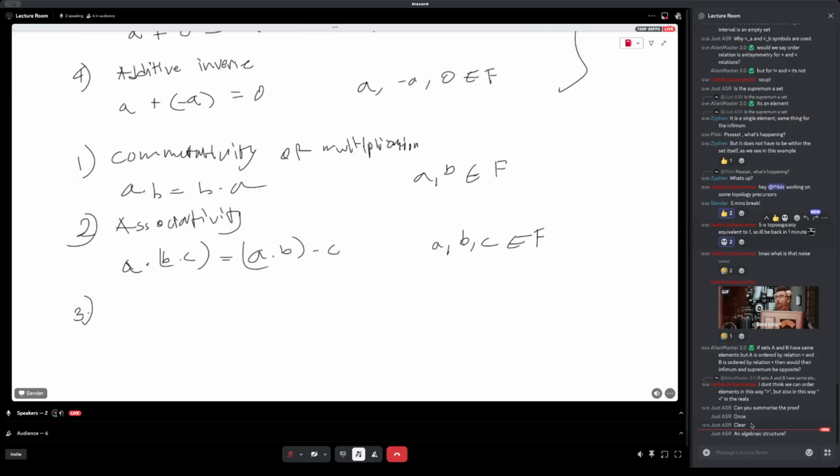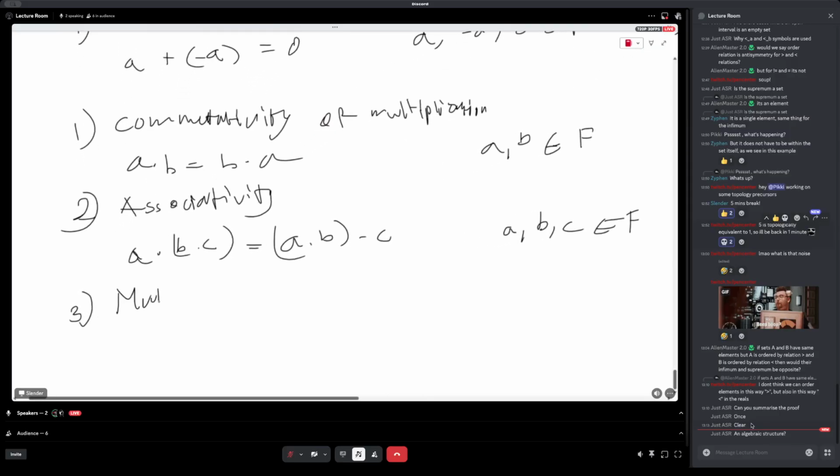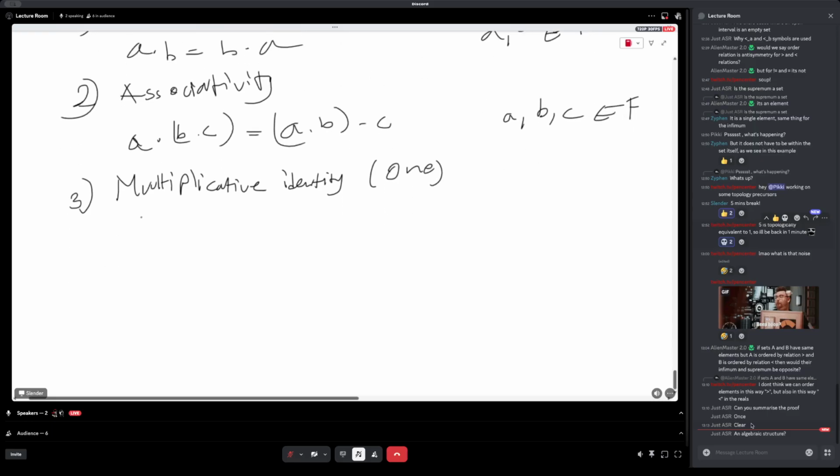And then the next thing you have is the multiplicative identity, which is what we call 1. It's denoted 1, and this will just give you the number a. So for any identity, if you apply the operation, it will just stay the same. And then lastly, we have the multiplicative inverse.